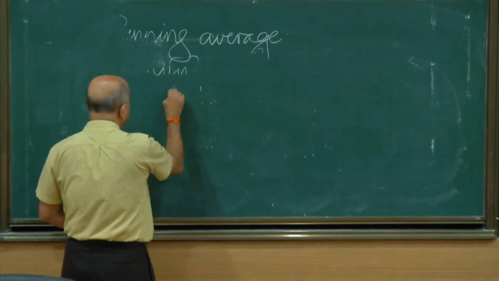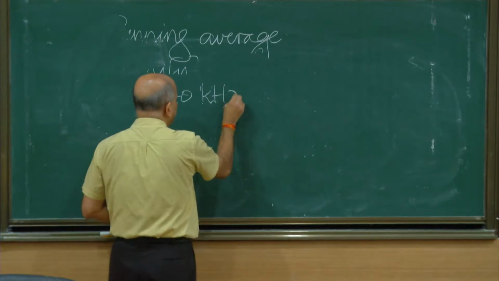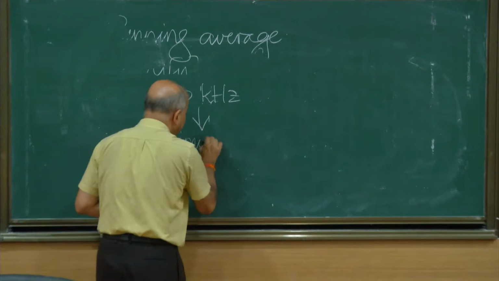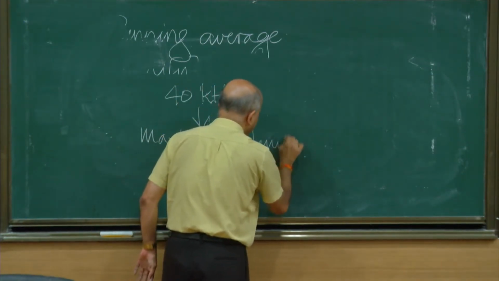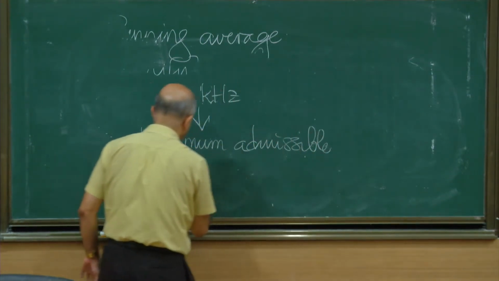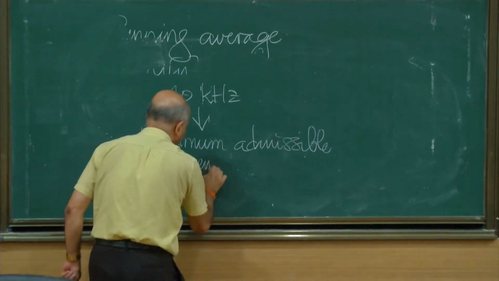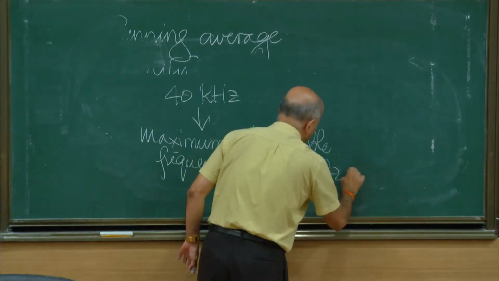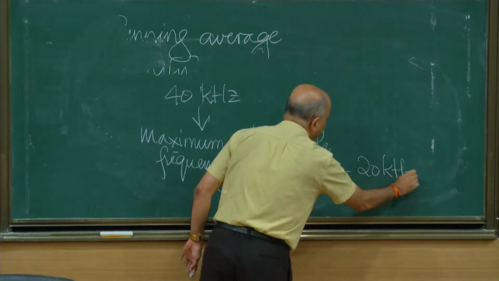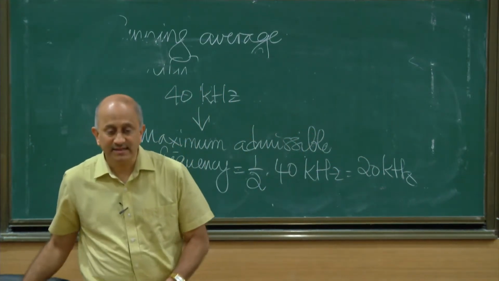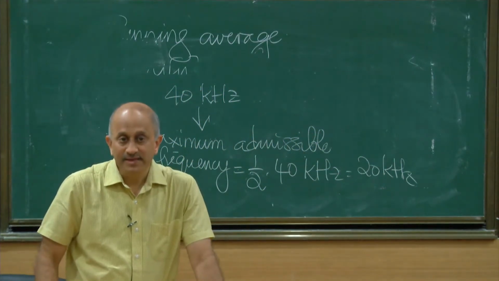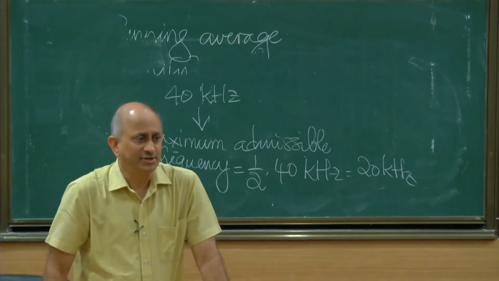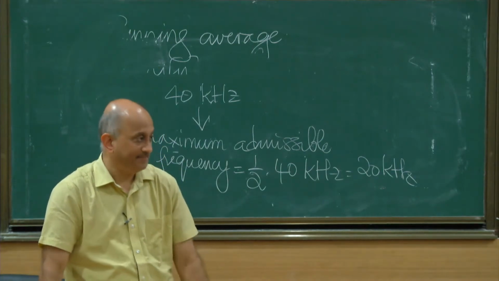It means the maximum admissible frequency is half of 40 kilohertz, which is 20 kilohertz, and that's good, because you know that typically audio signals have frequencies that lie between 20 hertz and 20 kilohertz. Is that right? So this is good. If you are sampling at 40 kilohertz, you're doing well.